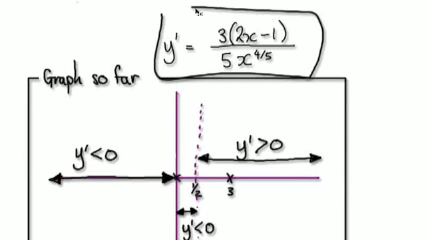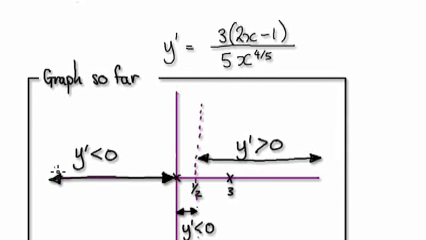So this here is our derivative. Now in a region where x is less than 0, so x is a negative number, if you put it into here, 2 times a negative number will be a negative, and then you take away 1, so the whole thing remains a negative.